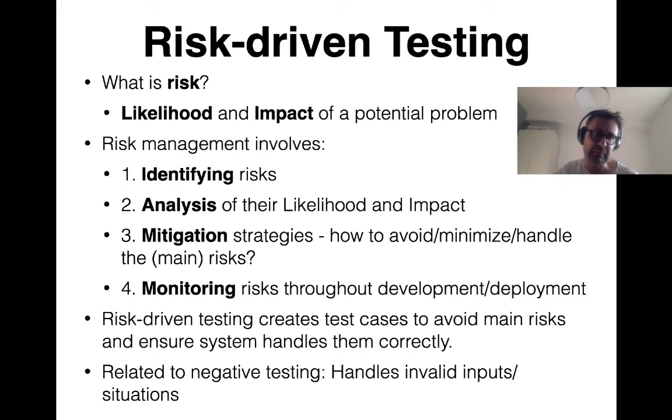And fourth step is monitoring the risk. So throughout development, and this is where testing comes in very naturally. So for the high risk areas or problems that you've identified in steps 1, 2, 3, you would now introduce lots of testing here, and that will help you monitor. But in a general risk management sense, monitoring can be other things.